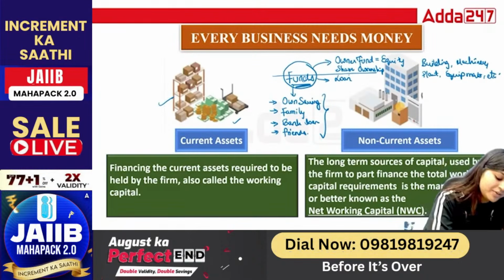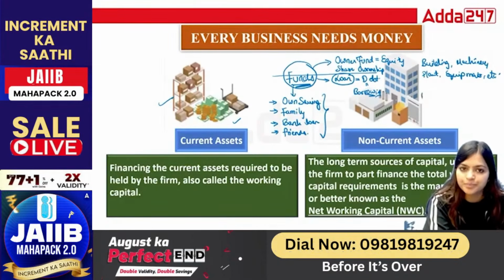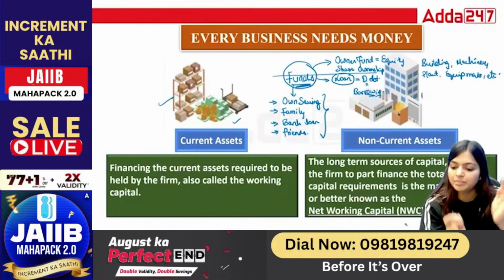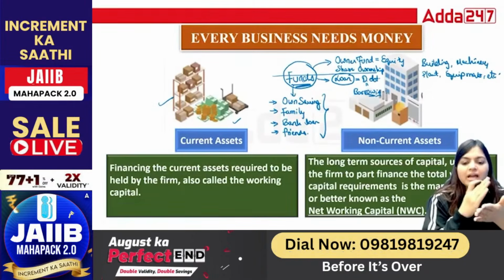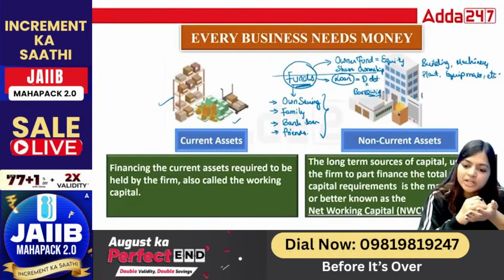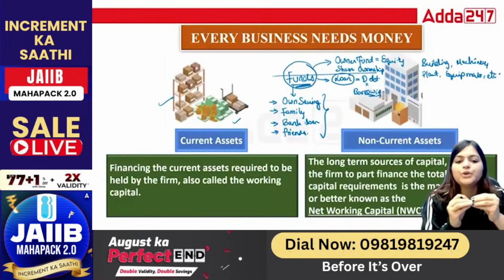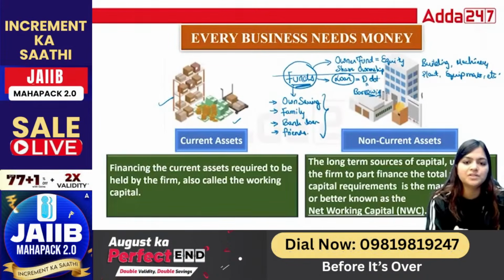On the other hand, when we're talking about loan, we're talking about debt. Whatever borrowings you have done, that is your debt amount. So funds are going to be part of 2 things, equity and debt. Equity is when you are sharing ownership, debt is when you are borrowing from someone. This is how you can arrange funds for your business.